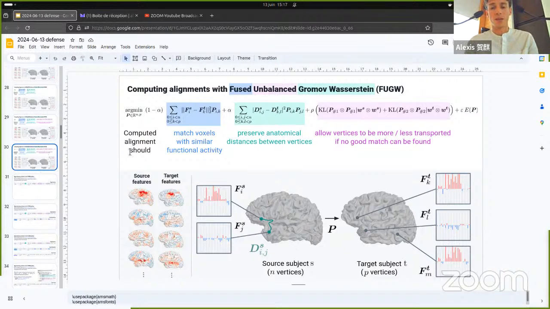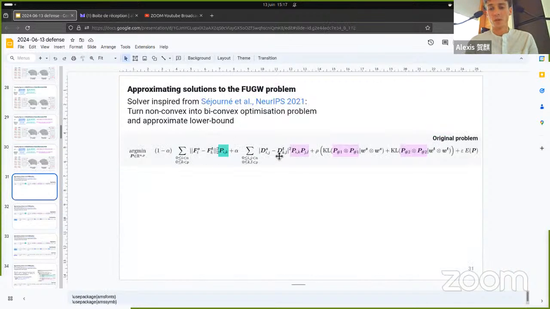And so this problem right here is not convex. And we derive a plan P, then a plan Q, etc. iteratively. I've tried different initializations to try and see if we would converge to the same solutions, and that's what I get in general. But I've never checked that swapping the source and target subjects would actually yield the same plans. So this would be something we'd like to do.